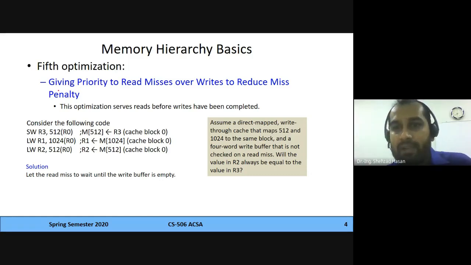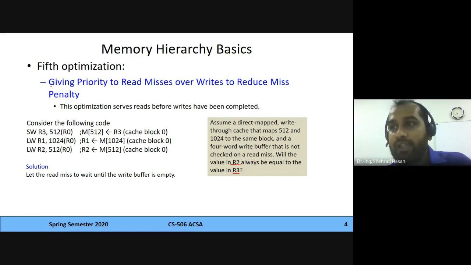So the main idea of the write buffer was to help the processor in saving time. But if you're going to wait for the write buffer to be emptied on every read miss, this is going to be too costly in terms of time. But this is a valid solution. It's always going to ensure that R2 and R3 will have the same value. Okay, so this can be one solution.